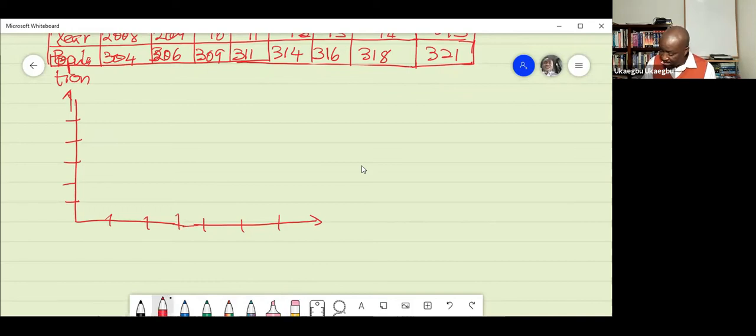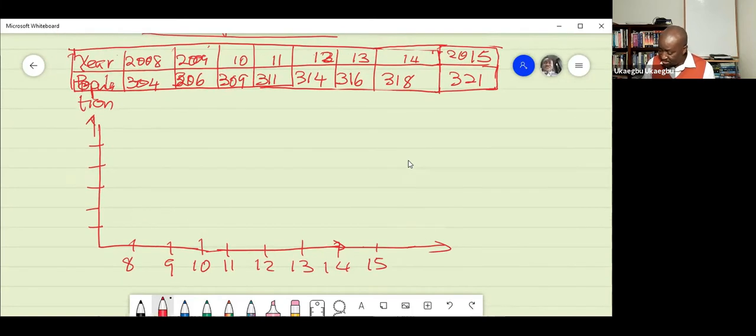Okay, so you can have just 2008, 9, 10, 11, 12, 13, 14, 15, and then you keep going. And then remember, these things are in millions.